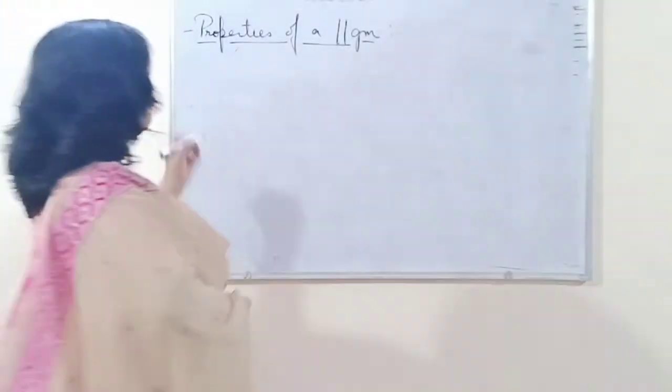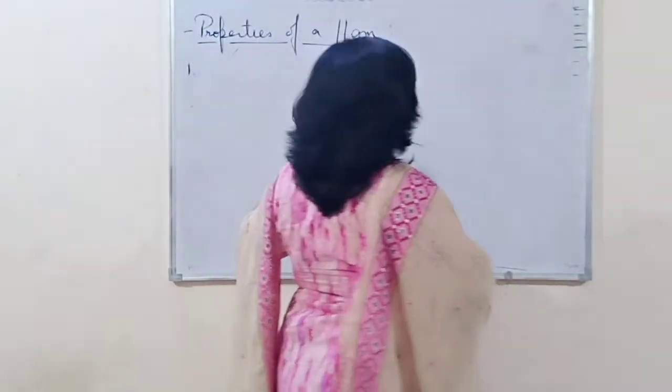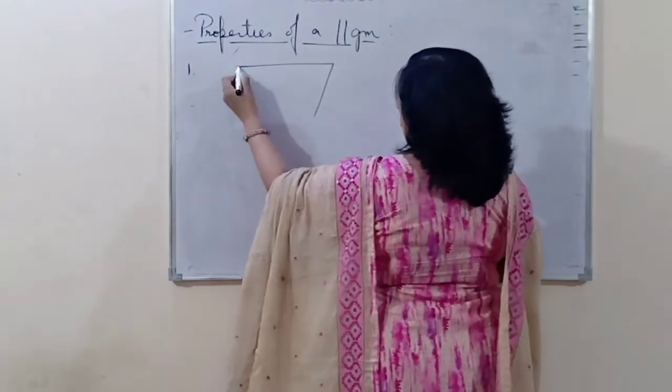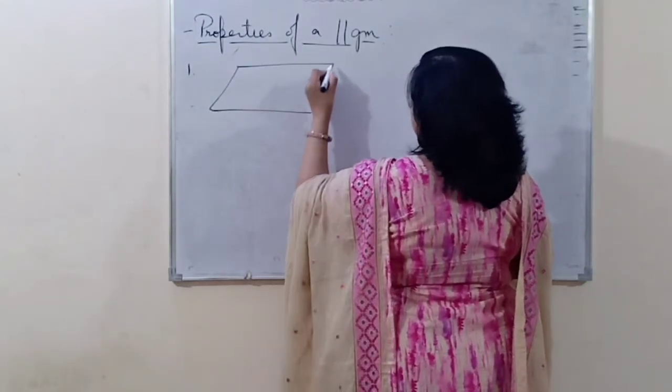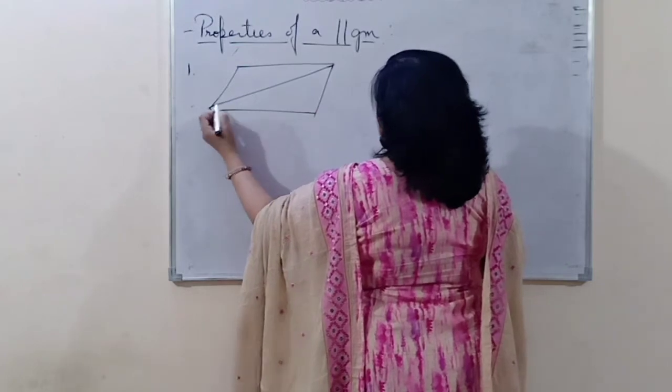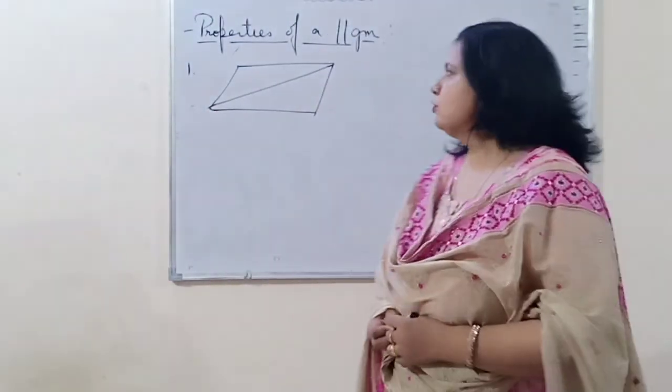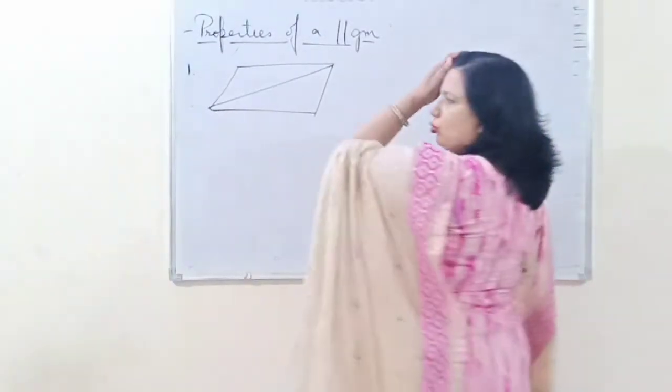Now first is that the diagonals of a parallelogram divide the parallelogram into two congruent triangles.